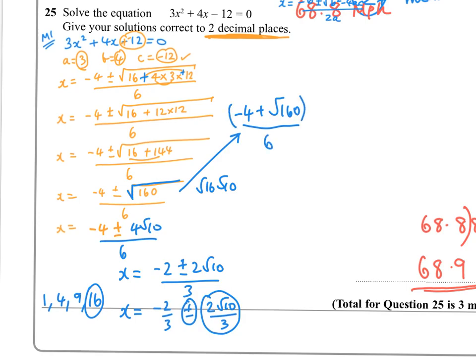I'd say bracket negative button 4 plus root 160 bracket all divided by 6, and then I'll do exactly the same and then change this to a minus because I wanted the minus. Put your bracket in and then go like that. So your solutions would be 1.44 to 2 decimal places, or negative 2.77 to 2 decimal places.